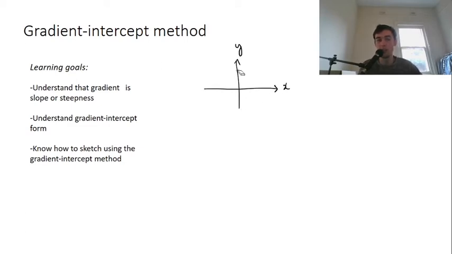All right, so gradient-intercept form, what is that? Now there's a formula that you can use to help you remember gradient-intercept form, and that's this formula. Now, let's say I have a line y equals 2x plus 1.